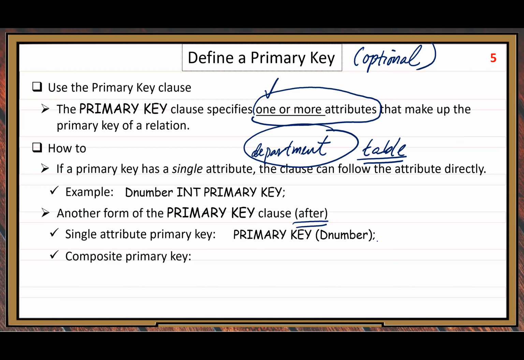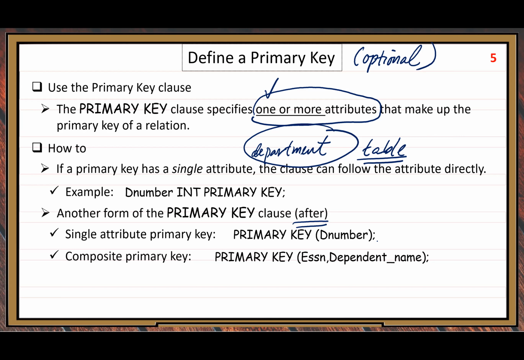Composite primary keys we can declare in this way. In this example, primary key clause, parenthesis, then you specify multiple attributes separated by commas: ESSN, comma, department underscore name.